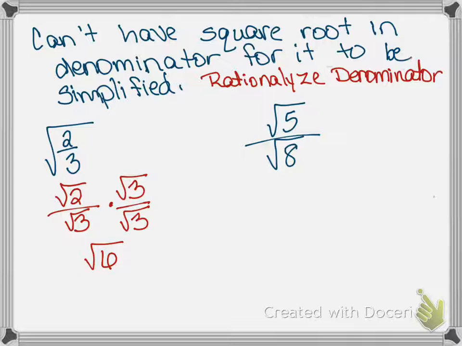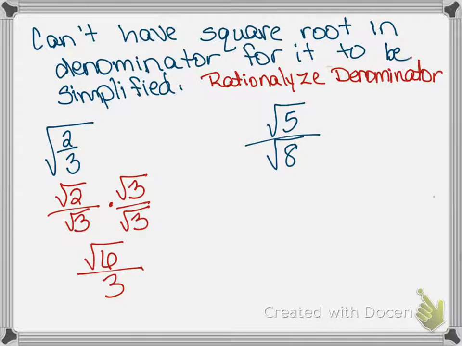Then in my denominator, I get the square root of 3 times the square root of 3. That's the square root of 9, and the square root of 9 is 3. So my final answer here is the square root of 6 over 3.